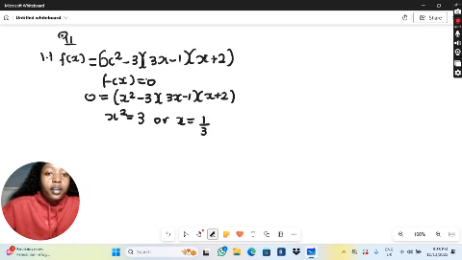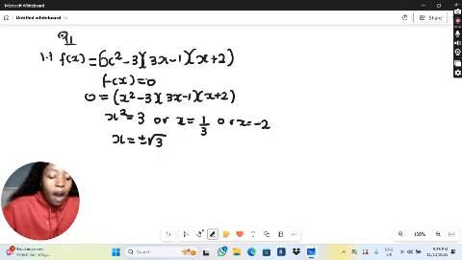We transpose this one, it becomes positive, and then we divide it by this 3 to be left with x, and then or x is equal to negative 2. So we are going to have, we should introduce square root sign, yeah? So we are going to have x is equal to positive root 3.